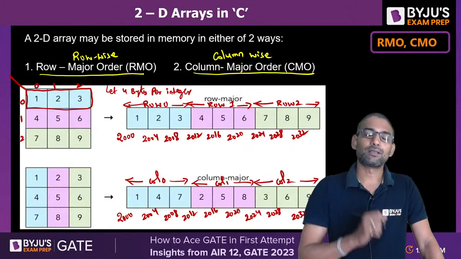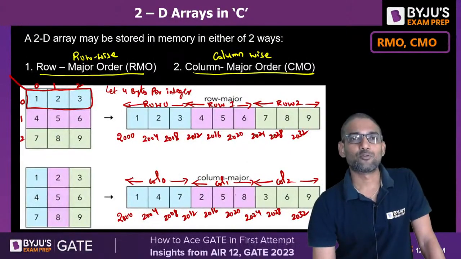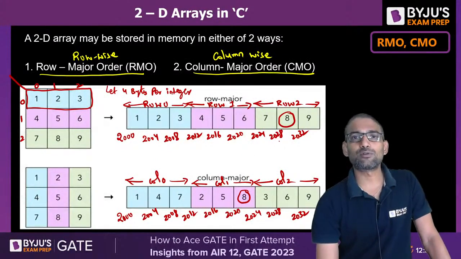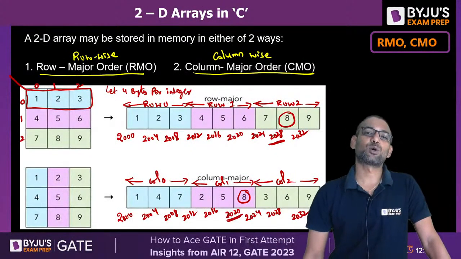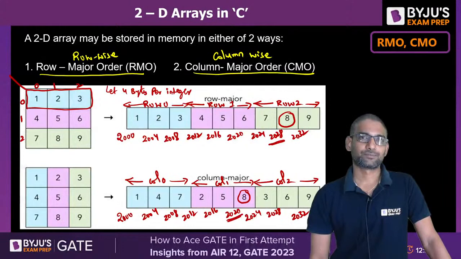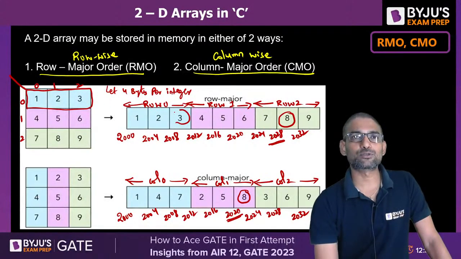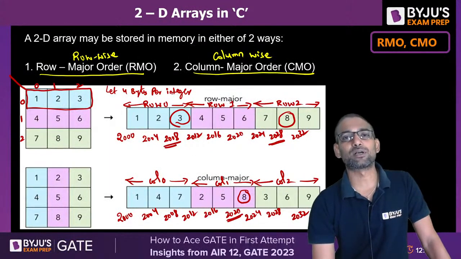So here you see the difference. Value 8, address is 2028 in row major order, 2020 in column major order. Isn't it? Value 3, address is 2008 in row major order, 2024 in column major order.